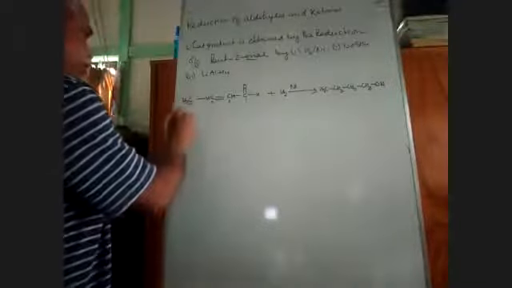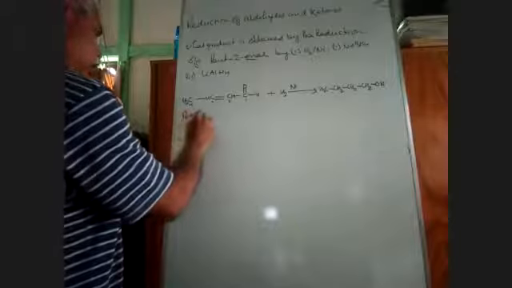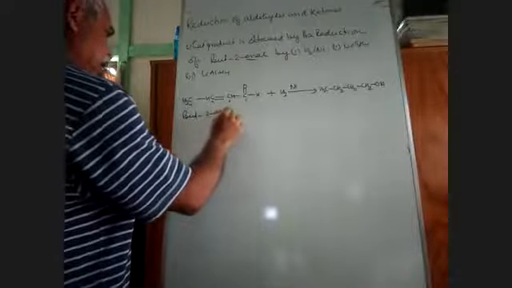Aldehyde will be converted into primary alcohol, and hydrogen will also add across the double bond. So we get CH3CH2CH2CH2OH, butan-1-ol.